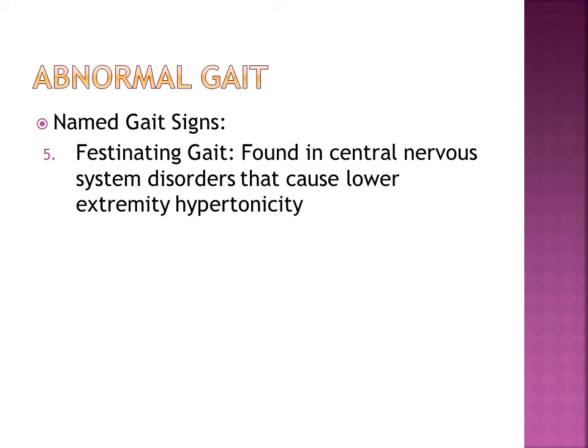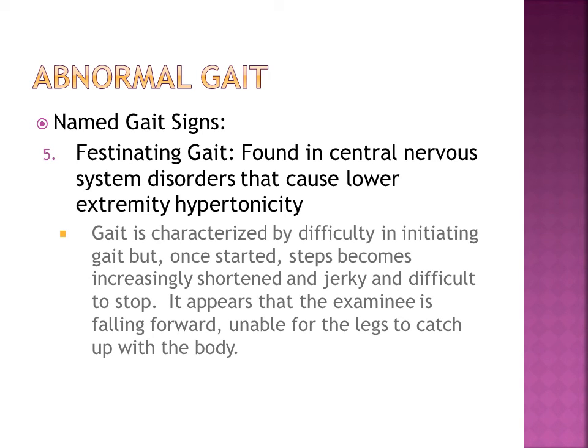Okay, you may see, for example, also a festinating gait. Festinating gait is found in central nervous system disorders that cause lower extremity hypertonicity. This type of gait is characterized by difficulty in initiating the gait, difficulty getting started, difficulty getting the legs going.